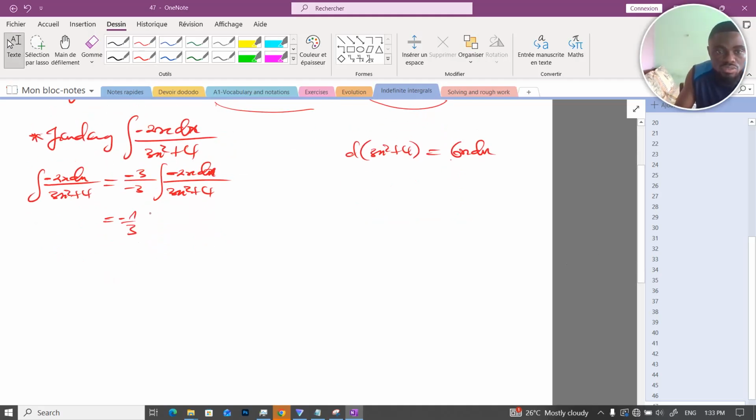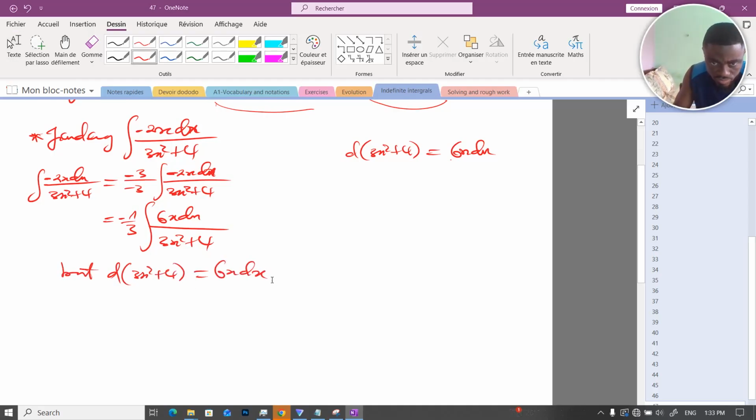Very good. So this will be equals to minus 1 on 3 integral. I'll bring this minus 3 inside and we multiply this. We have 6x dx all over 3x squared plus 4. Very good. Now we see basically that we have already this 6x dx. So I will say, but d of the bottom 3x squared plus 4 is equals to 6x dx.